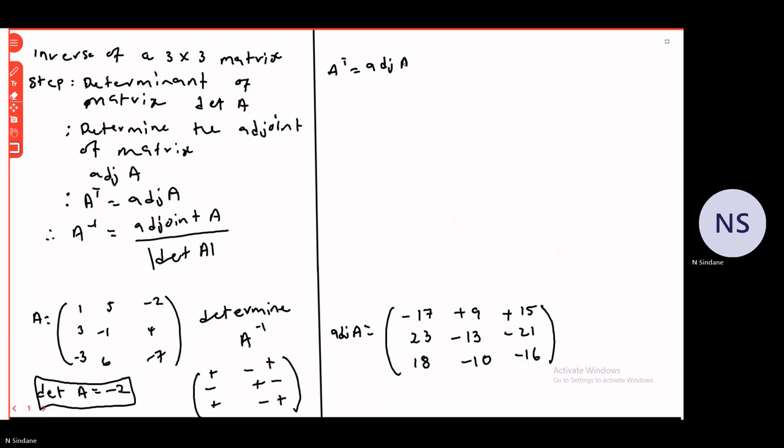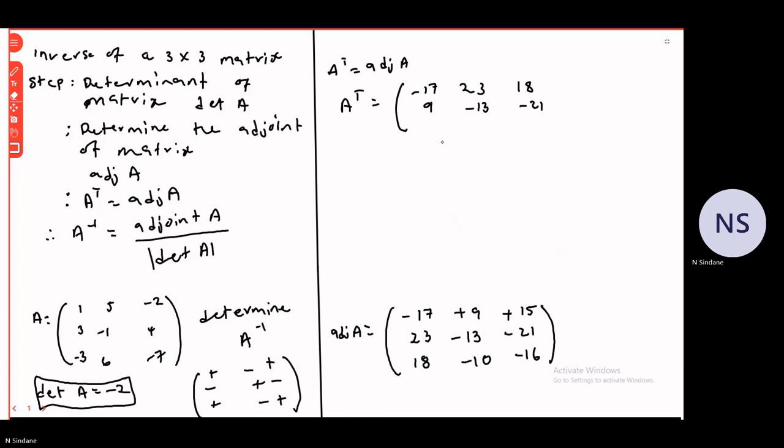So what is our transpose of the adjoint? In this case, we would have our transpose as minus 17, 23, 18. And then 9, minus 13 and minus 10.